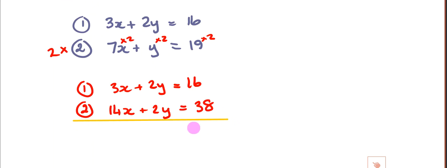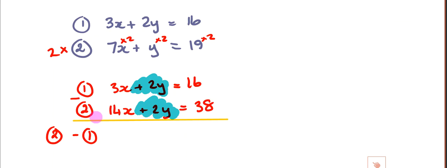What do I do? Add or subtract? Subtract. Why do I subtract? Got plus 2y, plus 2y, so we're going to eliminate. Same sign, so we're going to subtract. So I'm going to do number 2 subtract number 1. Why am I going to do it that way around? Yeah, I don't want negatives.